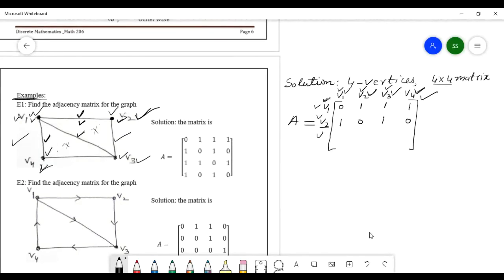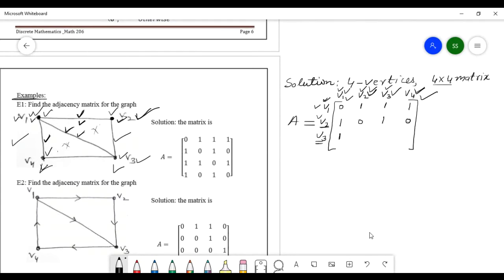Okay. Now start from this V3. So start from here. V3, V1, V3, V1. And between V3, V1 an edge exists. So here write 1. Now look at this. V3, V2.